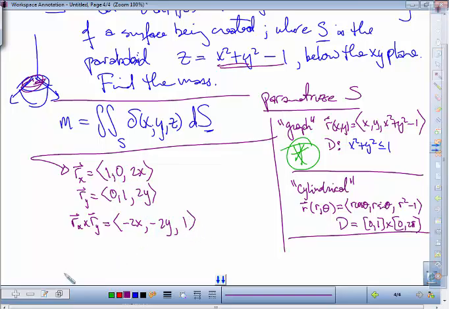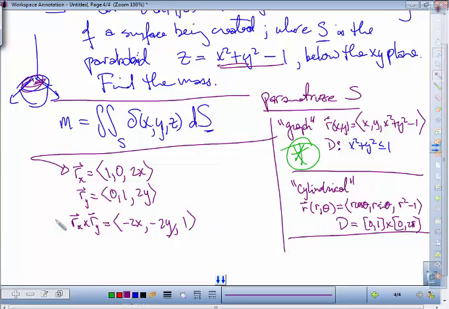Had I crossed it the other way, I would have gotten 2x, 2y, and negative 1. Remember that negative 1? But as it is, I crossed it this way. I have negative the partial of f as a graph function, negative partial of y as a graph function, and then positive 1.